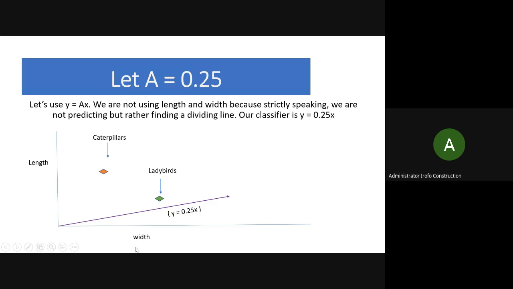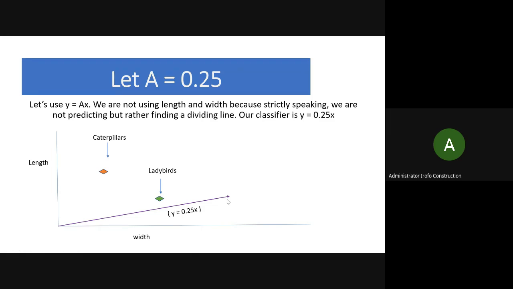We also change x equal to 2, so 2 times 0.25, then plot here. The same thing for 3 and 4: what you get for y, you plot it. When you're done, you draw a line through all the points, and you're going to get a line like this.